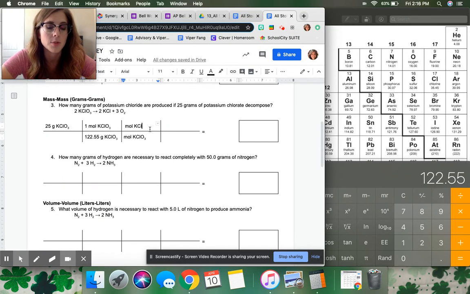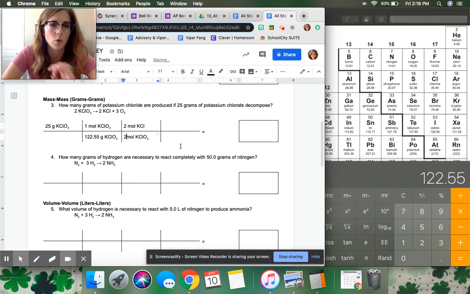Okay, so now in this middle part of the problem, when you're switching from moles to moles, you have to use the mole to mole ratio, and the mole to mole ratio comes from the coefficients in the balanced chemical equation. So how many moles of KCl are there per moles of KClO3? Well, if you look at your chemical reaction here, that's going to be a 2-to-2 ratio. So this one kind of cancels out. So we're going to say 2 moles of KCl for every 2 moles of KClO3. And we got that from our chemical reaction.